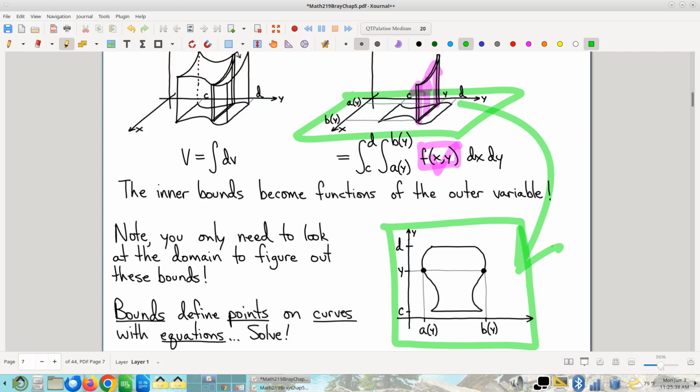So this is super valuable, partly because drawing three-dimensional pictures is a lot harder than drawing two-dimensional pictures. And we're actually going to later today extend the ideas that we're doing here to what we'll eventually call triple integrals, for which we would need a four-dimensional picture. So that's a creepy idea.